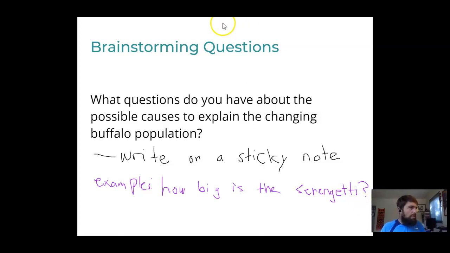Or another question you might have, for example, is, are other animals eating the same food?